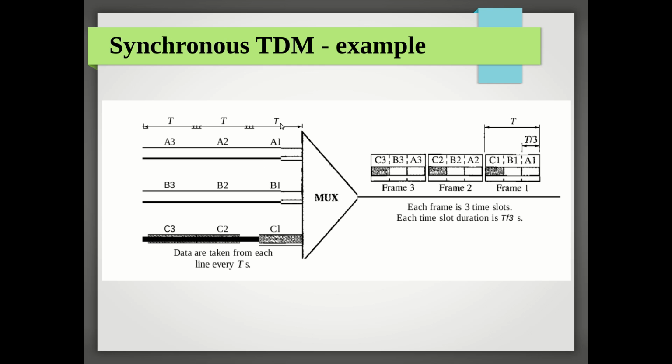Let it be t. Now for the outgoing link, what is the data rate? 30 units per second. Then what is the time taken to send a particular unit of information? It will be 1 by 30. And 1 by 10 is actually our t, right?